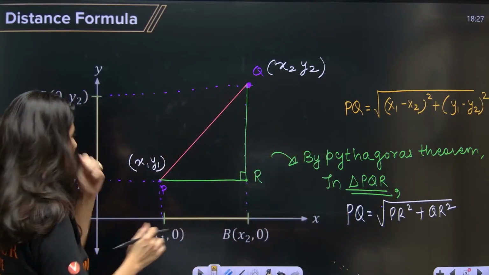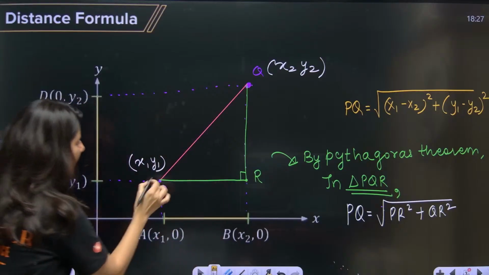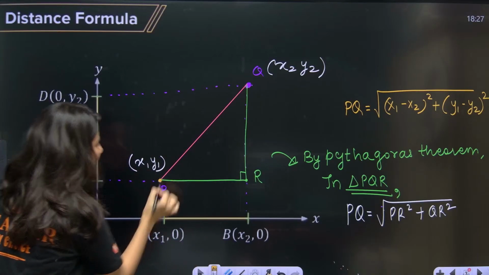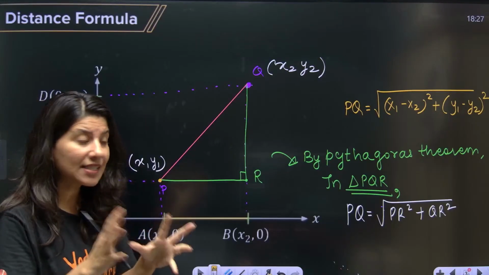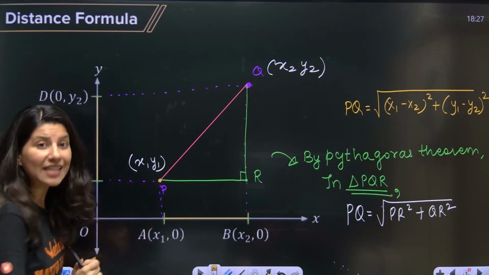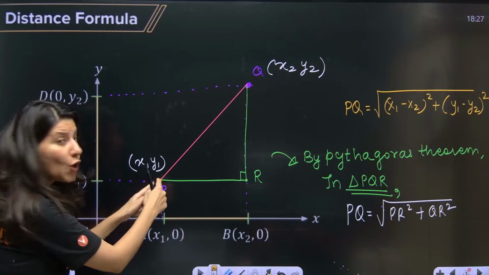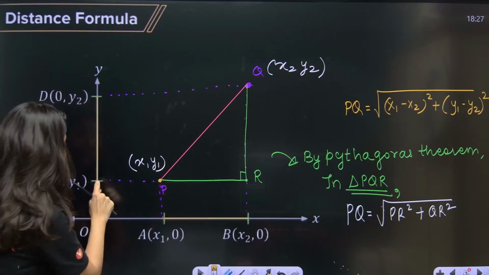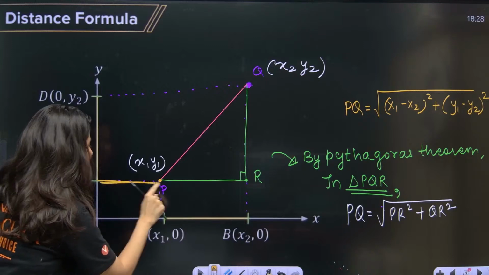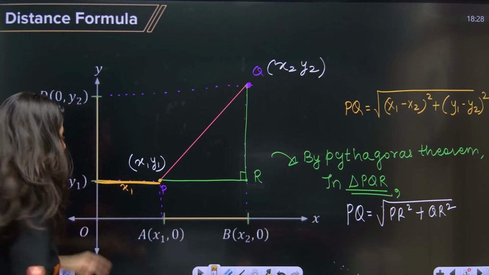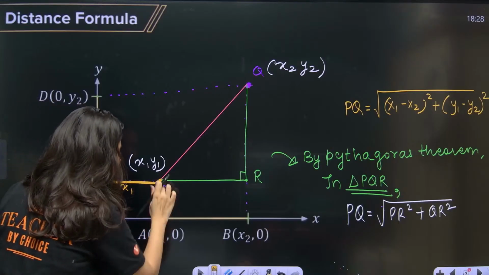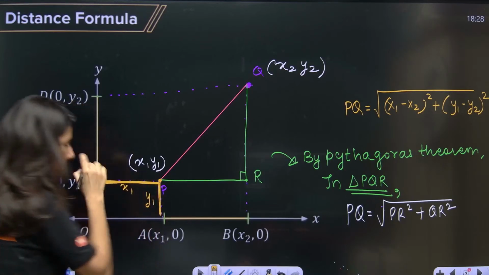Let's understand. So this is your PR. Correct? Can you see that this point is x1 comma y1? Now what does that mean? Understand. x1 is nothing but distance of point P from y-axis. This horizontal distance always. The horizontal distance will represent the x-coordinate and the vertical distance will represent the y-coordinate.